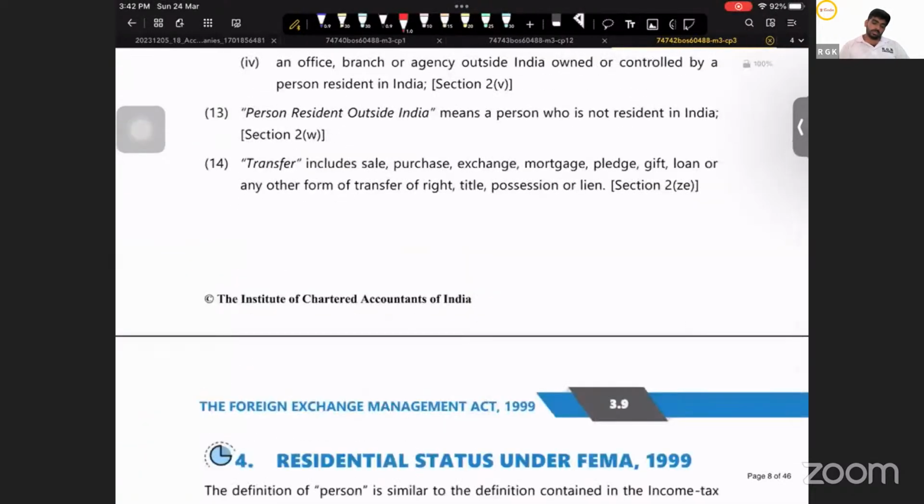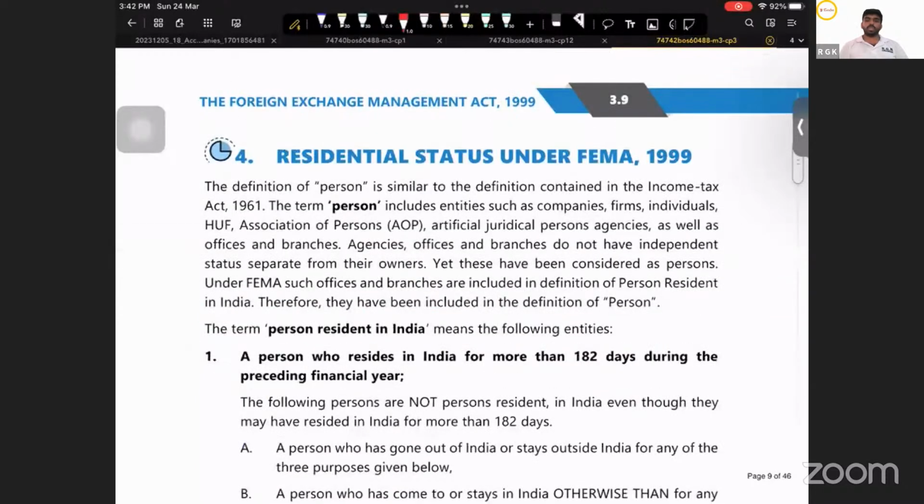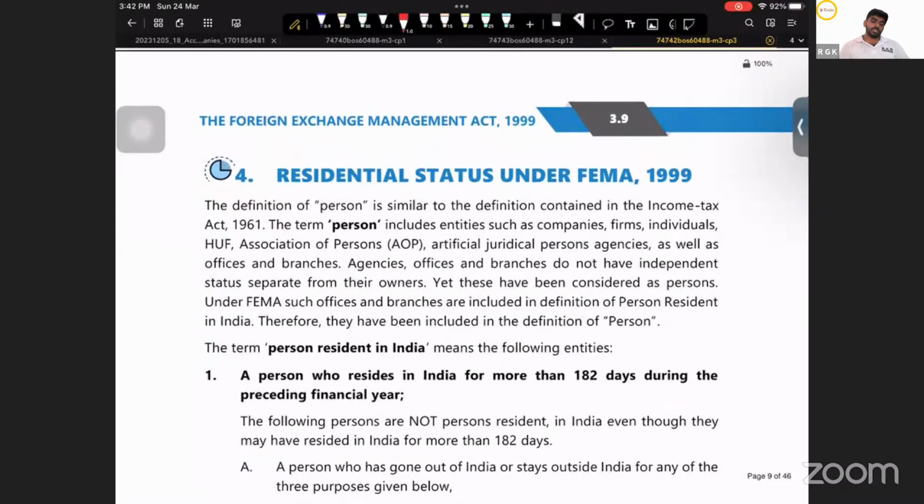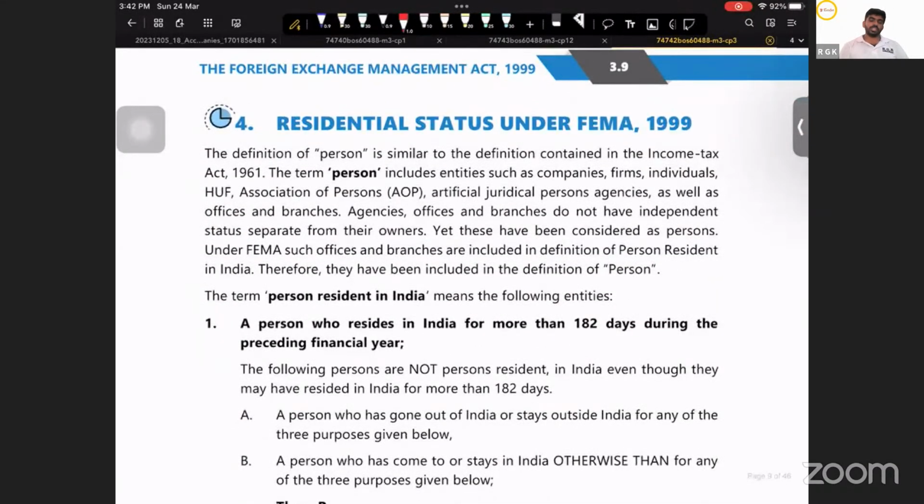Moving on further, the next important thing that we have to keep in mind when it comes to the Foreign Exchange Management Act is the residential status. Once we understood the definition of person, we know that a person can be an individual, a company, a firm, a Hindu undivided family, an AOP, a BOI, any artificial juridical person, or a branch, office, or agency controlled by any of the persons mentioned above.